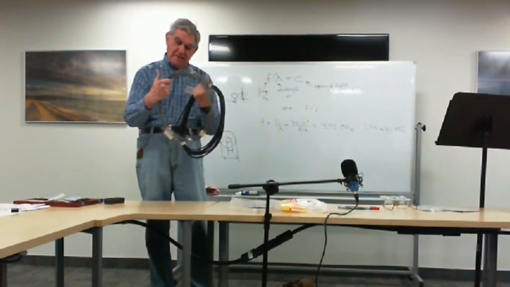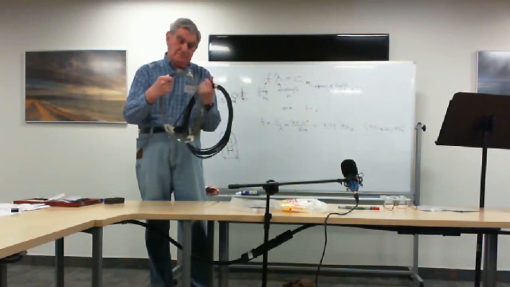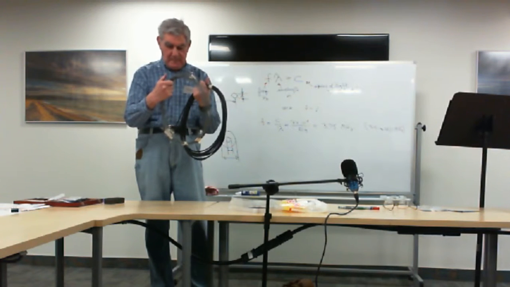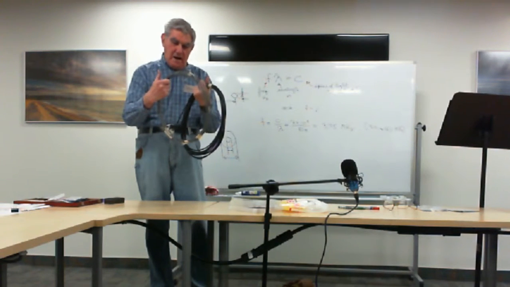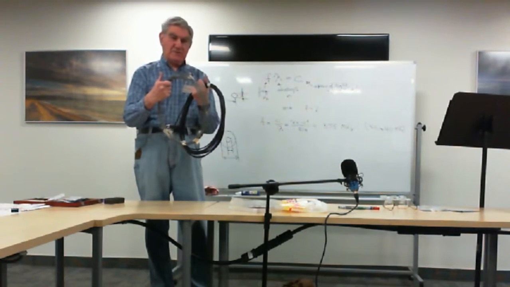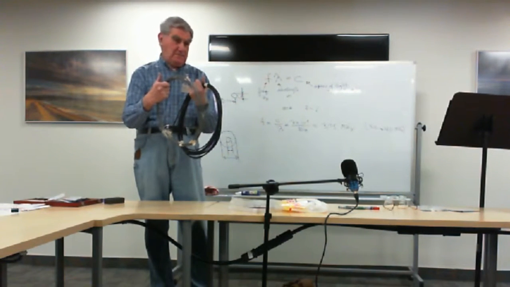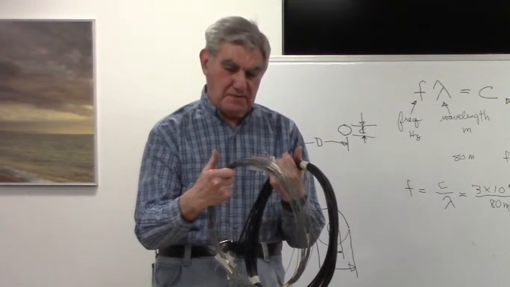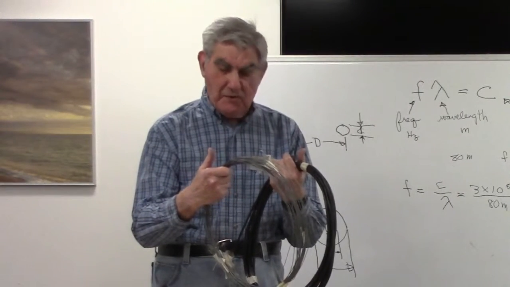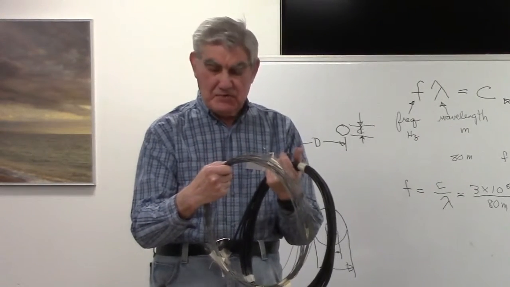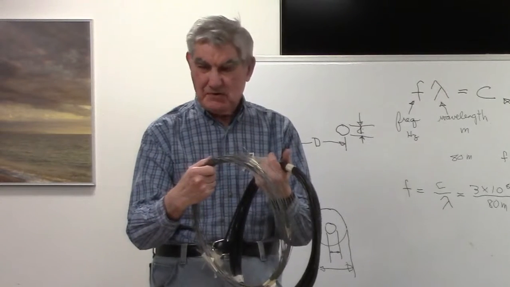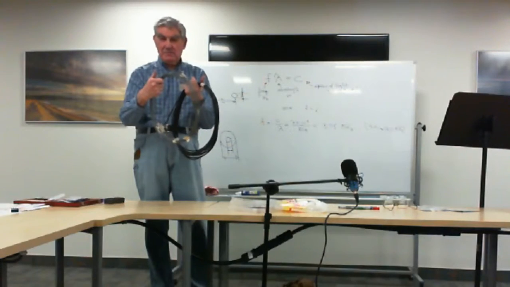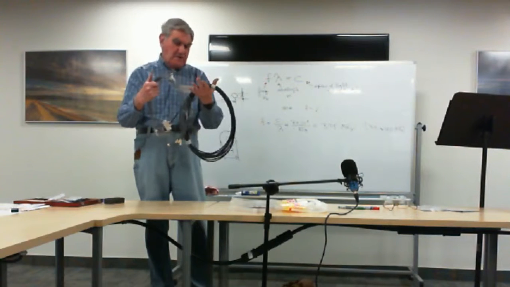Well, that's zinc plated iron, or steel, or something in between the two. Zinc is not as good a conductor as copper, and neither is iron or steel. So, right off the top, we can be sure that the losses in this are going to be greater than they would be for copper.